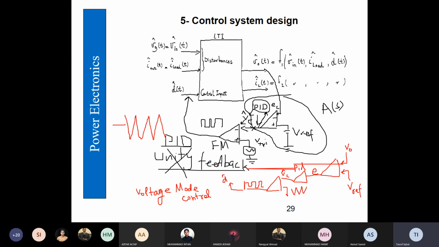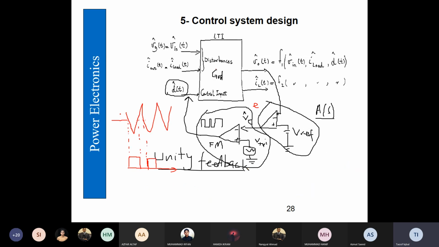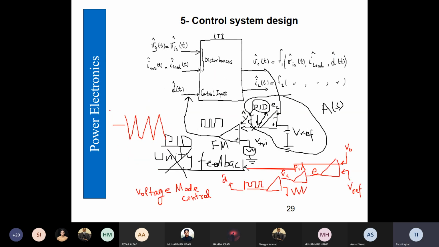PWM signal. So in the previous unity feedback, we just give the error, and compare the error signal with the triangular wave to generate the PWM signal. But in the case of PID, we use the control voltage and compare it with the triangular wave, and then the PWM signal is generated.